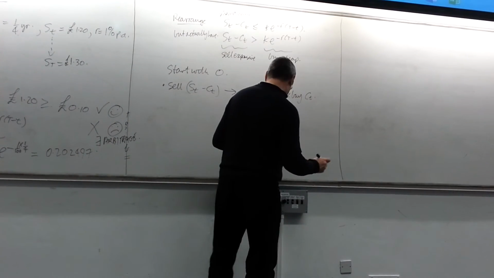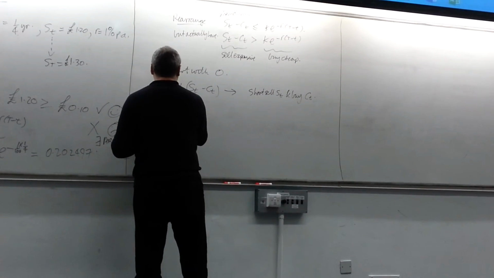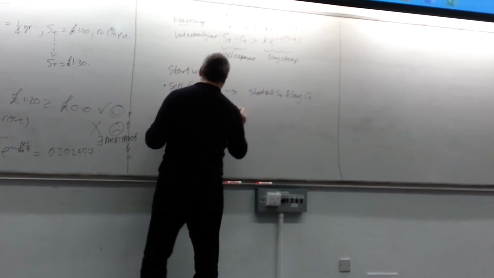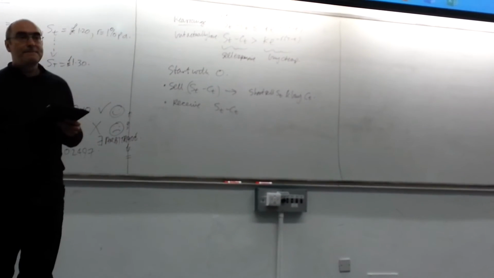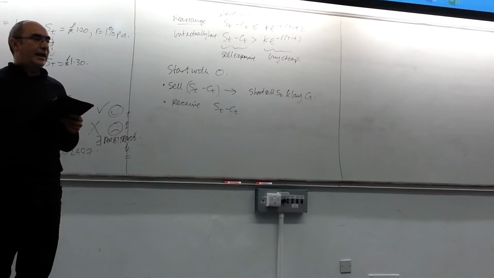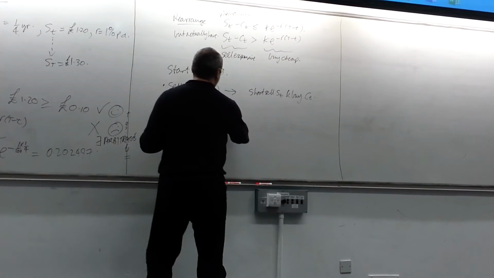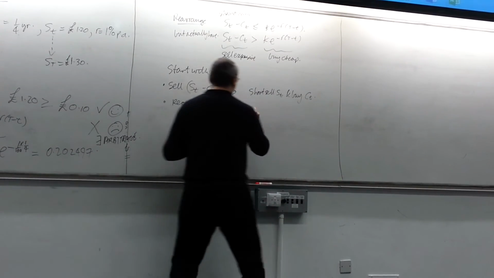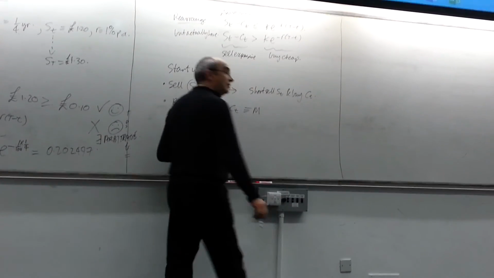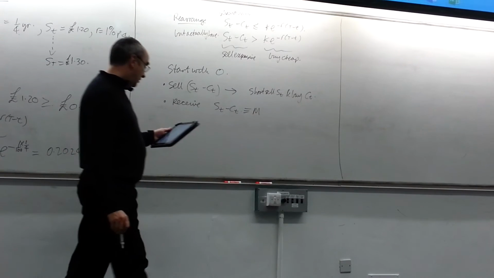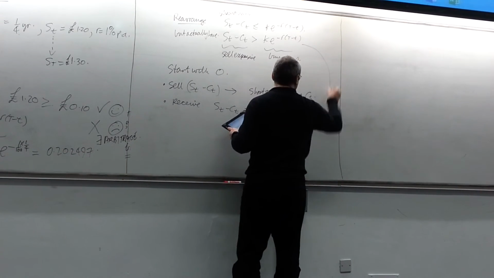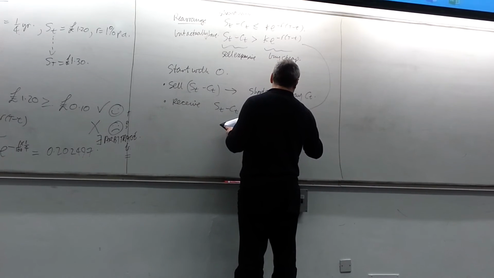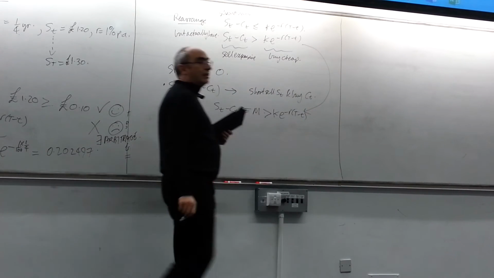So what do I get? I'm going to receive ST minus CT. Okay? So if I short sell it, I get ST, but if I'm buying CT, then I have to spend some money. Let me call that an amount of money M, but I know from here M is going to be greater than K e to the minus r(T minus t).